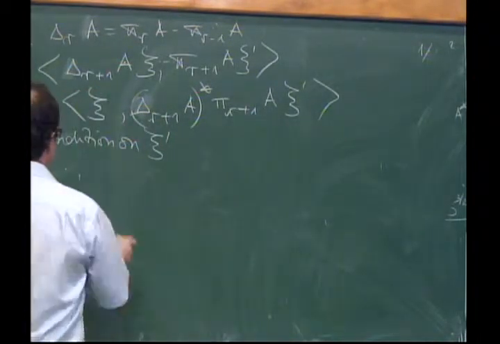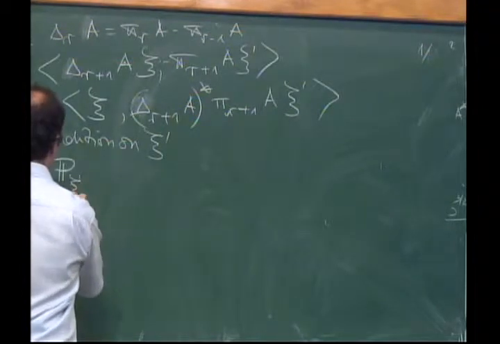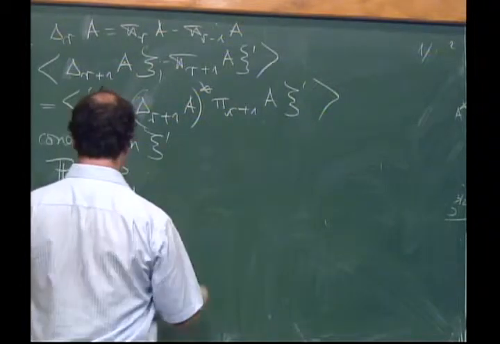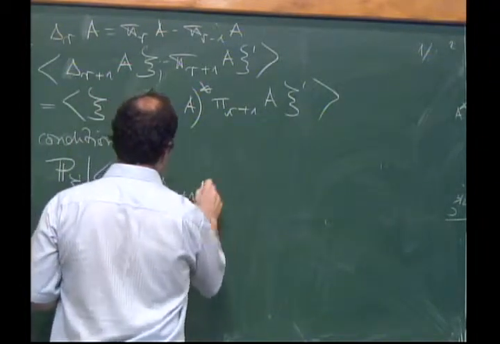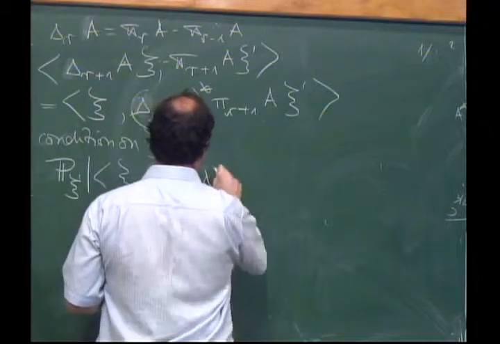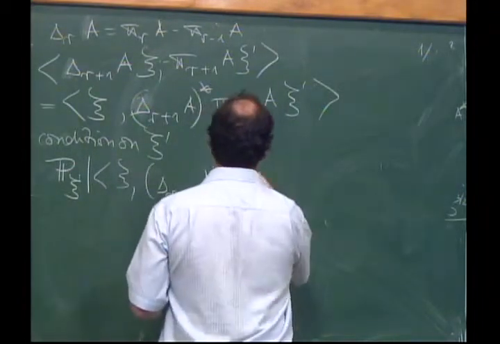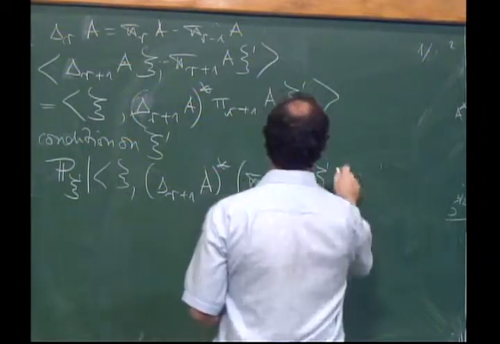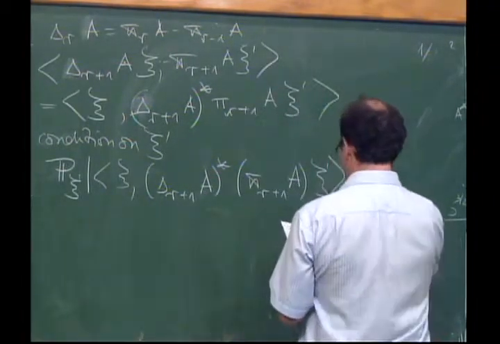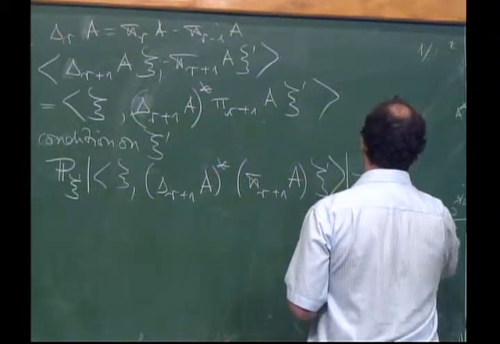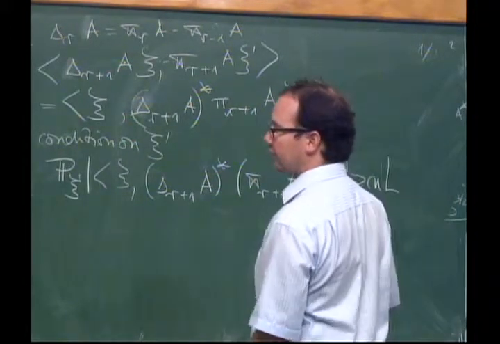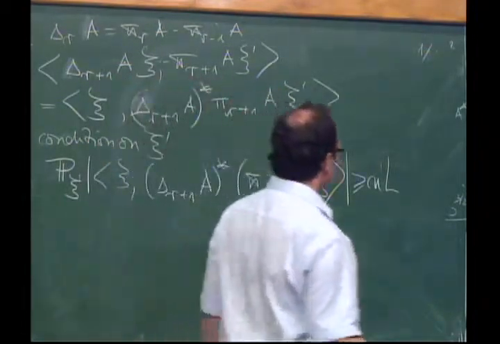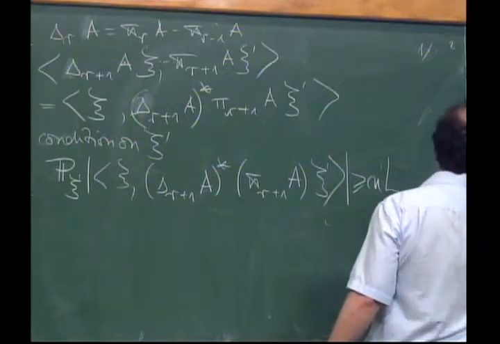So what we get is that probability, with respect to xi, of xi on star, xi prime, being larger than u times, well, L is this constant that appears in the sub-Gaussian decay.